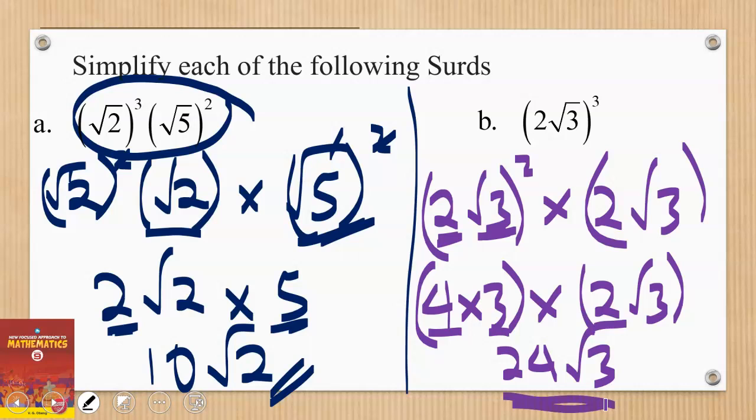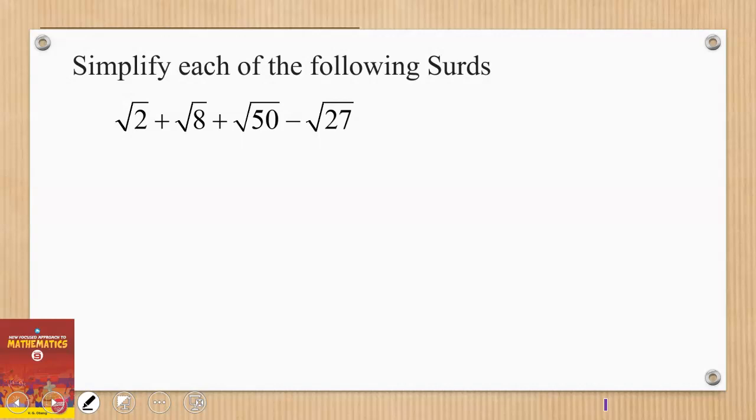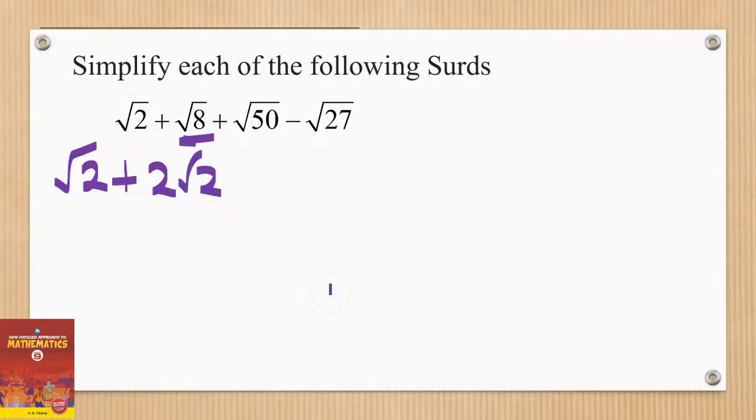Good. Let's take another example. Here we have to simplify this, and this is addition and subtraction of sets. So I have square root of 2, plus this can be reduced to the lowest form as 2 root 2. Remember this. At the beginning of the topic, we learned how to reduce sets to the lowest form, so that's what we want to apply here.